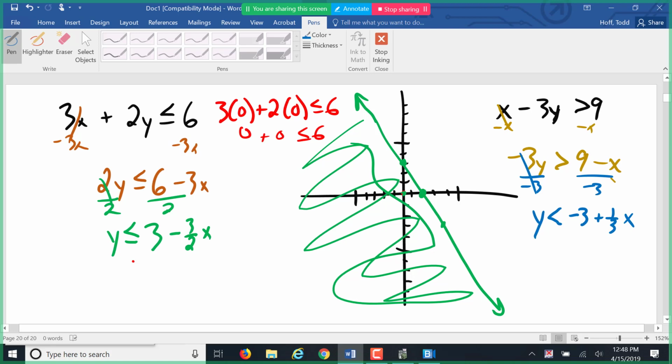So where do we start at? 0, negative 3. Good. And from there we go up 1 over 3. Solid or dashed? This is a dashed line because it's just strictly greater than.